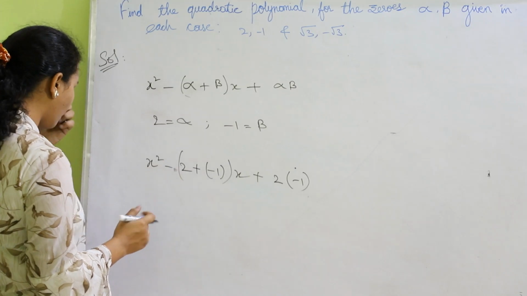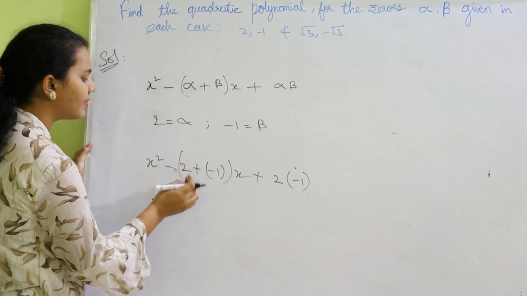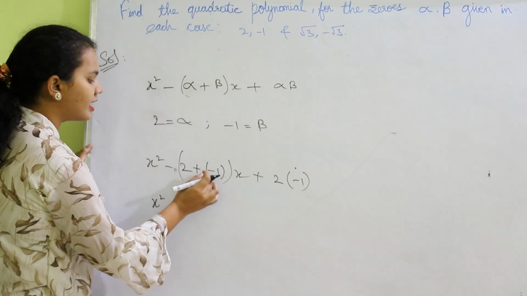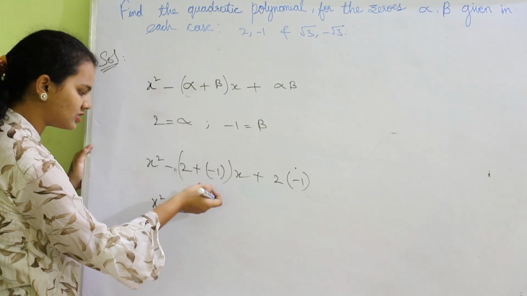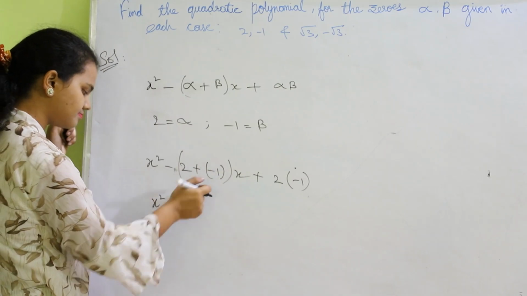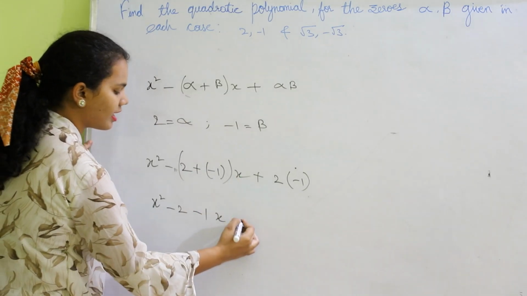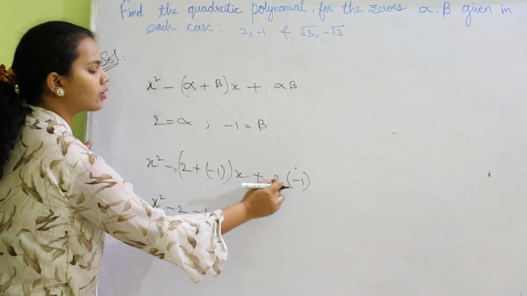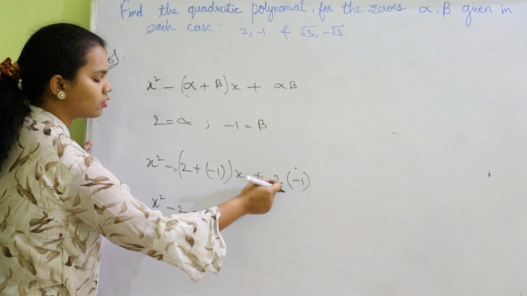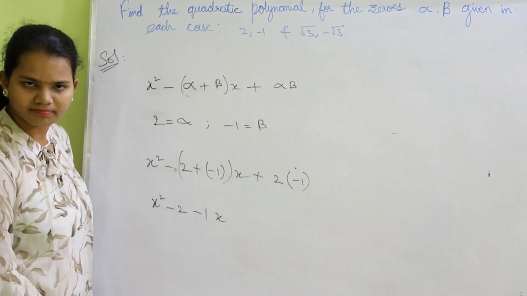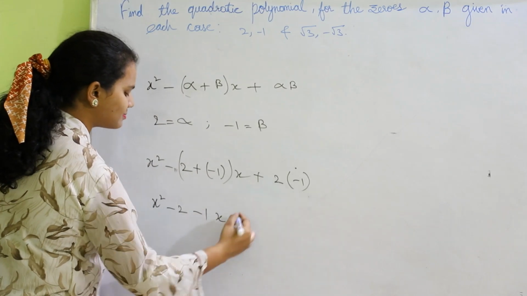Hope you got it. Now x square, minus (2 plus minus 1) gives minus 1, so minus 1 x as it is. Then 2 into minus 1: plus into minus gives minus 2.